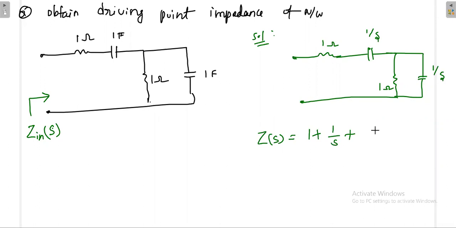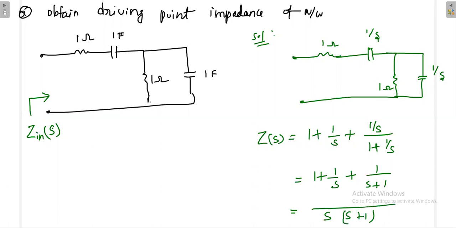That is again ab divided by a plus b, 1 times 1 plus 1 by s over ... Then finally s into s plus 1, s square plus 3s plus 1. This is the driving point impedance.